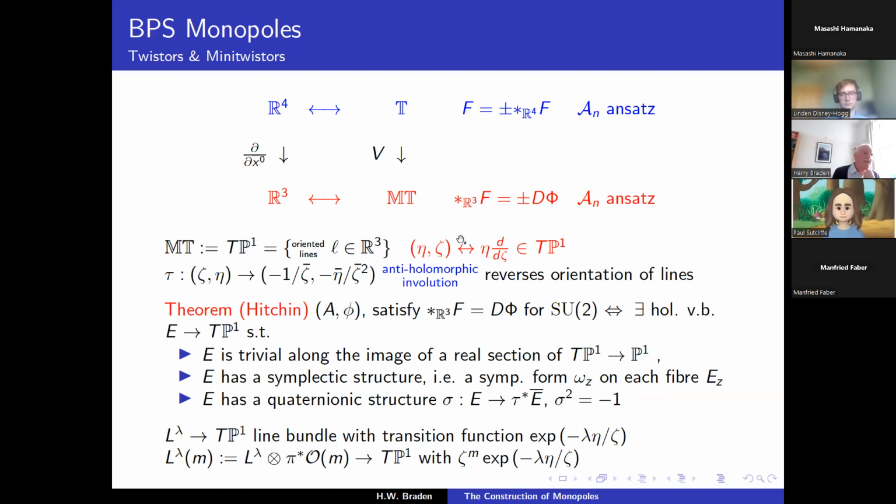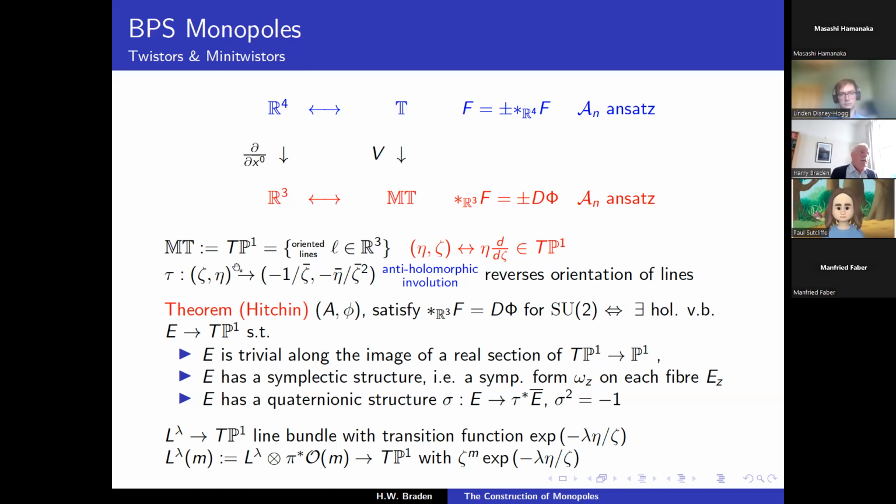And so eta and zeta are going to be the coordinates that you see throughout, and they're coordinates of mini-twistor space. The involution we just saw on the previous transparency is an anti-holomorphic involution, and it has the natural interpretation. It's just reversing the direction or the orientation of the lines.